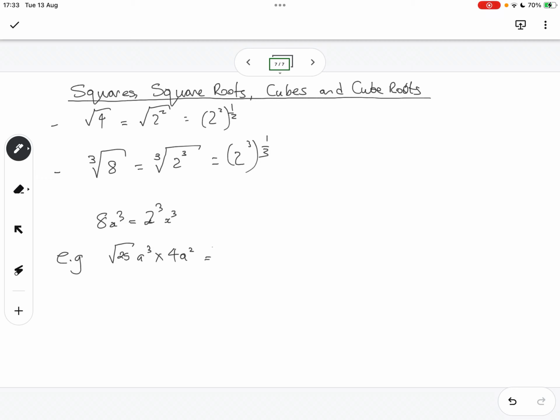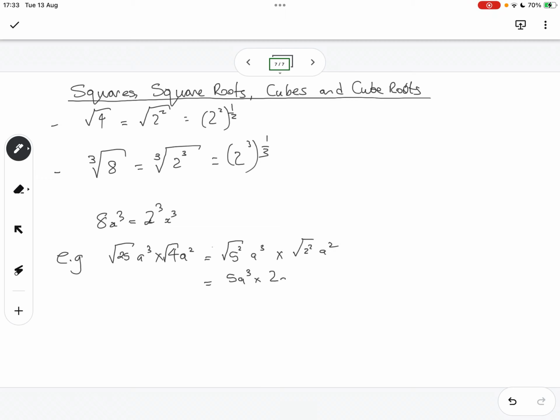So the square root of 25 is 5. It's a square. The 4 has got a square root. So we've got 5 a cubed multiplied by 2 squared, a squared.